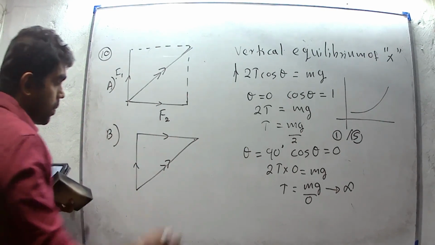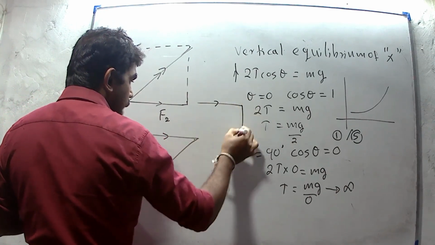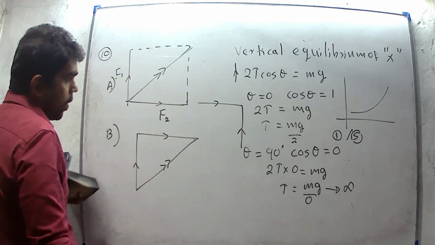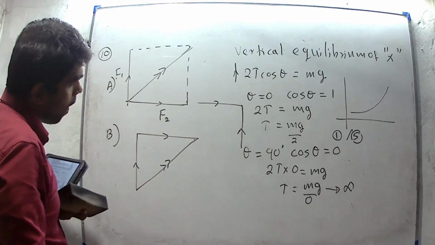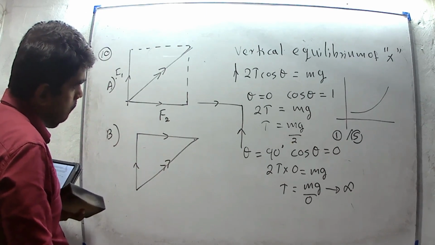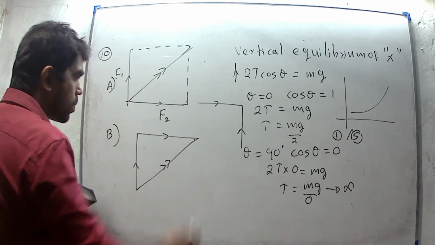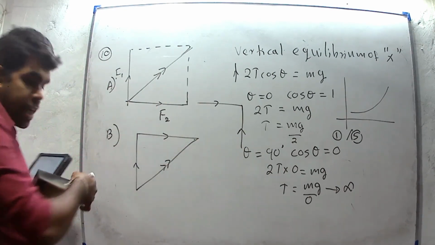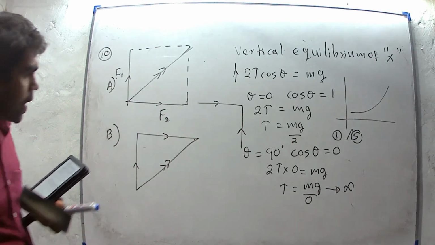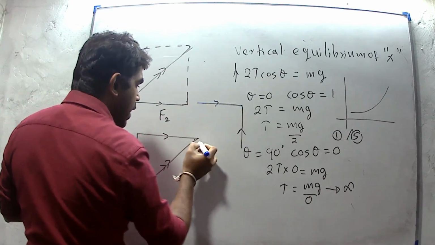In part C, there are two forces like this. We have to consider the resultant. When considering the resultant, we can get these forces acting in this direction.